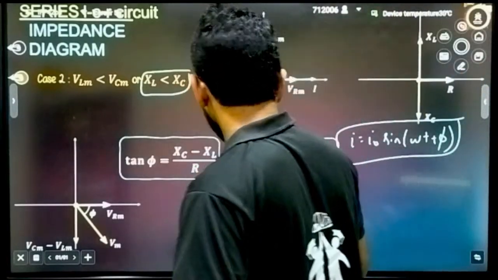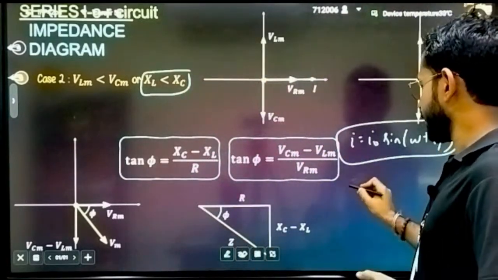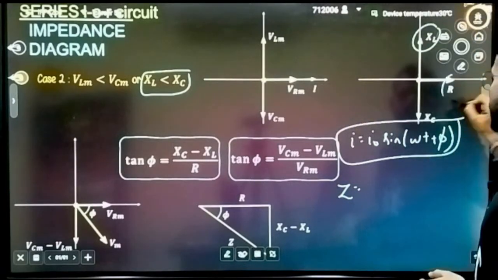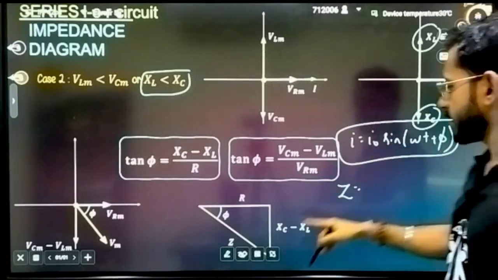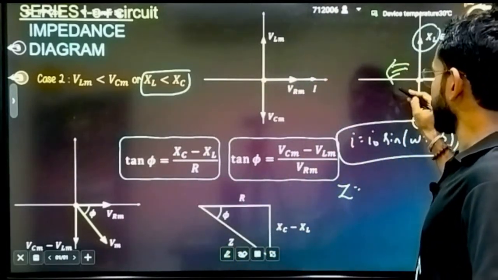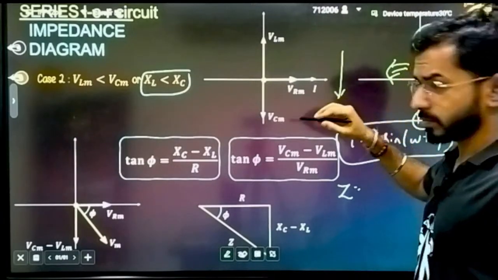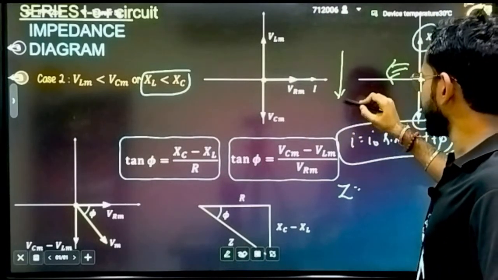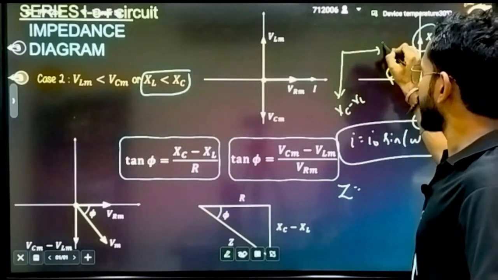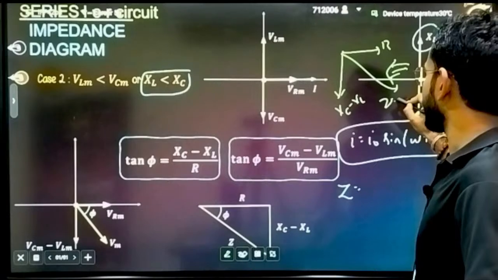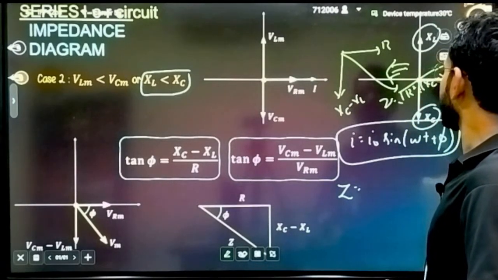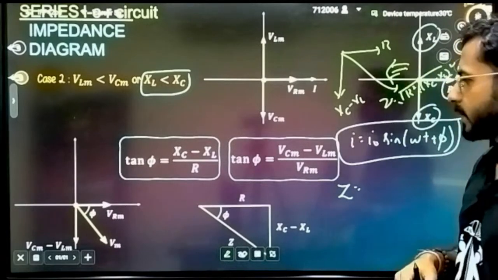How will we write the net Z? See here. This is XL represented, this is R represented, this is XC represented. That means net will be written how? This time XC is greater, so the net impedance will come in the downward direction. It will be XC minus XL this time, and it is R. That means Z will be R square plus (XC minus XL) whole square, under root.